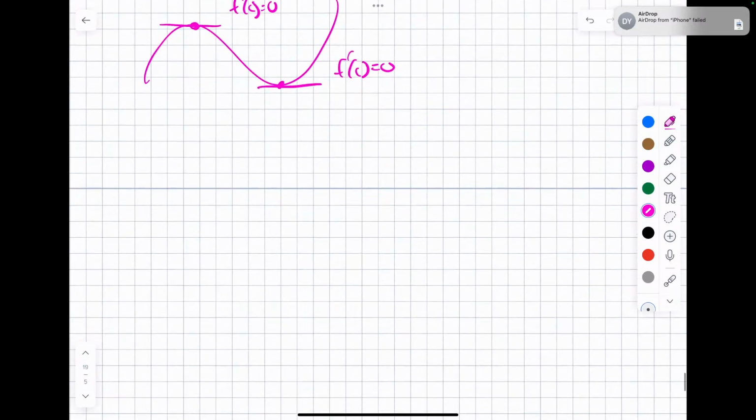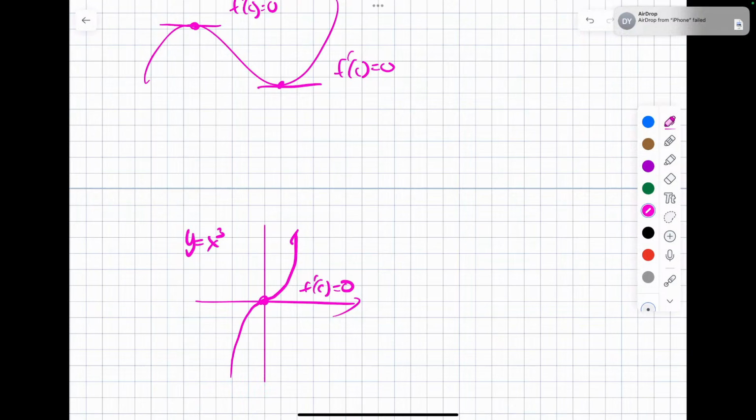For example, y equal to x cubed. Slope is equal to 0, but it's not a maximum or minimum. So it's like all squares are rhombuses, but not all rhombuses are squares.